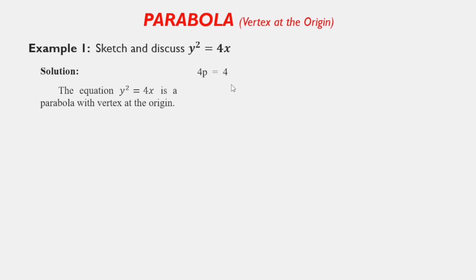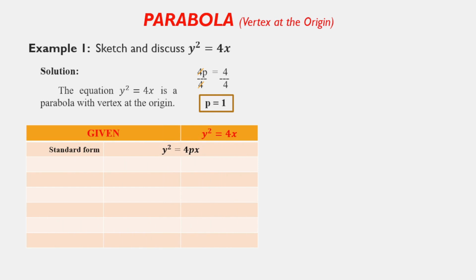In order for us to find the value of p, we divide both sides by 4. Then we can say the value of p is equal to 1. As you can see, the given equation y squared is equal to 4x is in the form of y squared is equal to 4px in standard form.